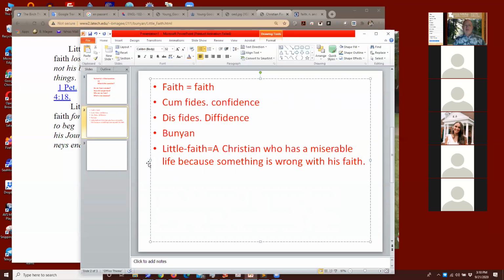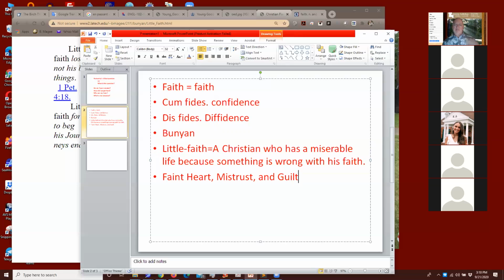So Little Faith here is a Christian who has had a miserable life because there's something wrong with his faith. And what's wrong with it? He's faint-hearted. Mistrust and guilt have attacked him.